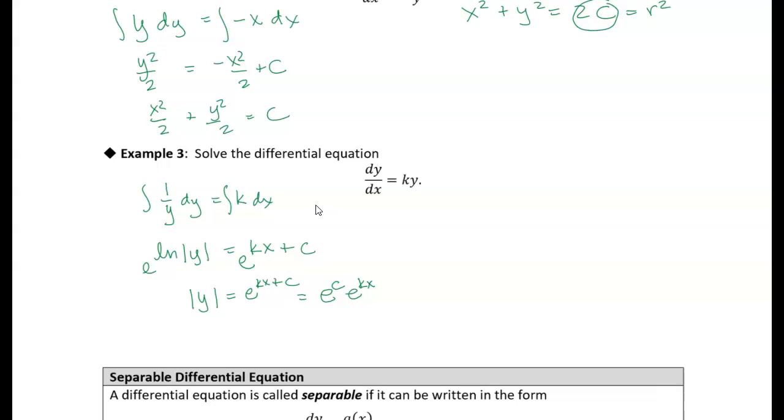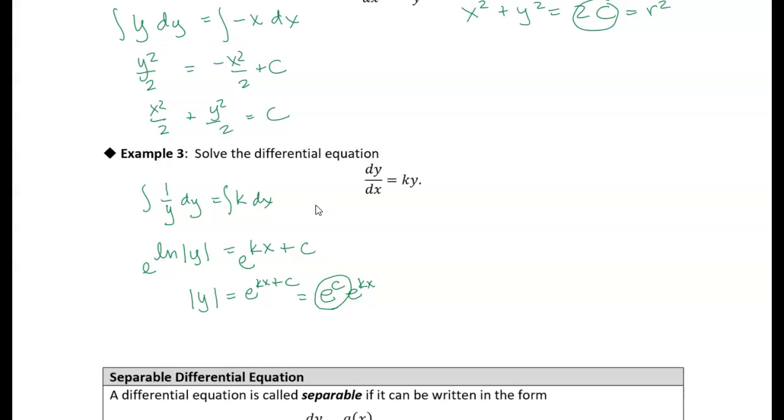And this e to the c is just a constant, right? It's e to some unknown power, so e to the c is just some other unknown constant. We can replace it with a different letter instead of writing e to the c. Now also, e to the c is always positive, but y can be either positive or negative.